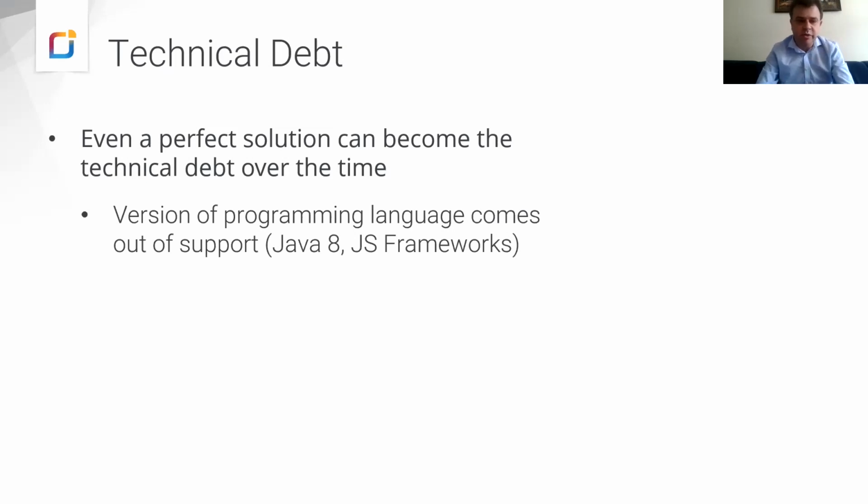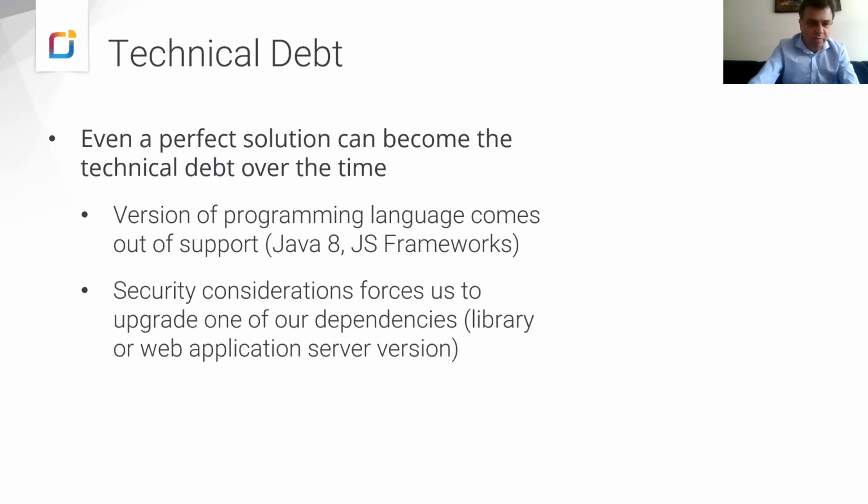For example, you are using the hottest programming language version, like Java 17, and it will become out of support. And if you use JavaScript frameworks, you know the problem. You have to update, and you will have to deal with non-backwards compatible changes.